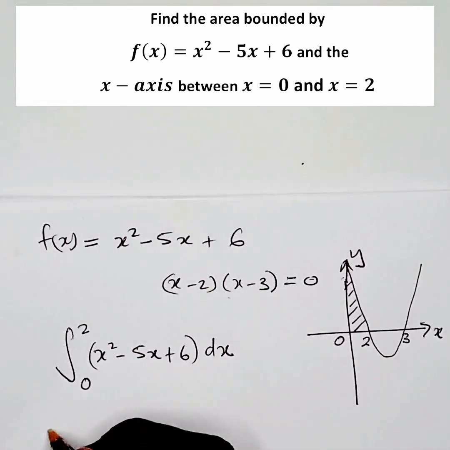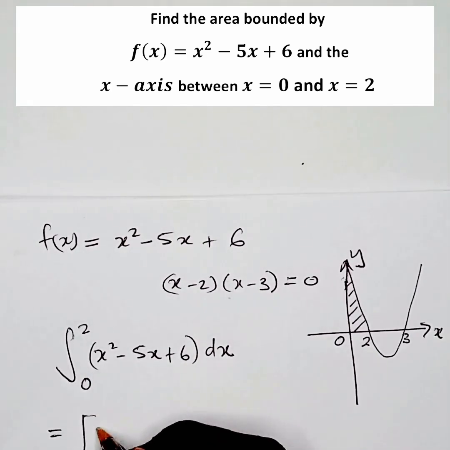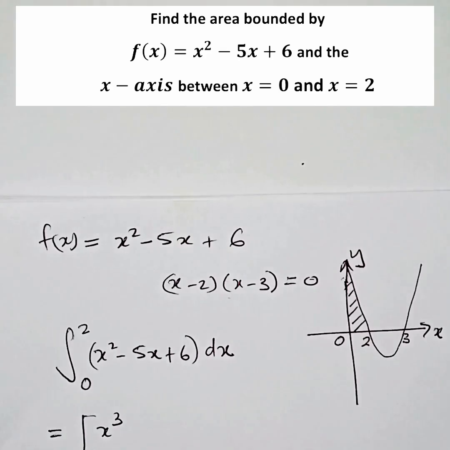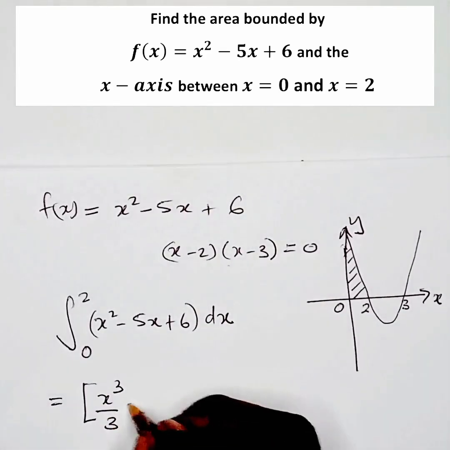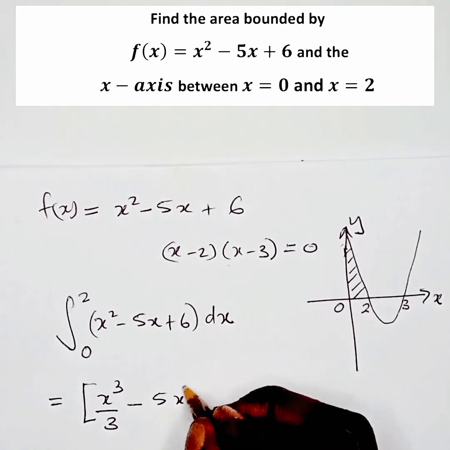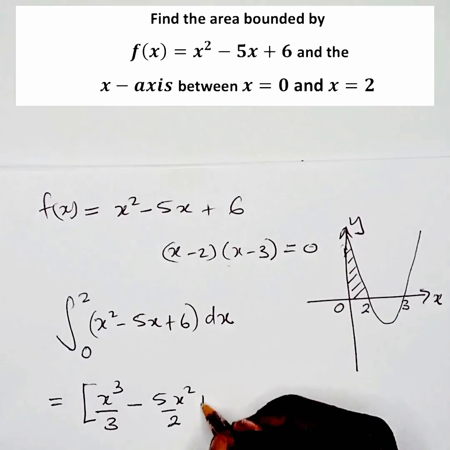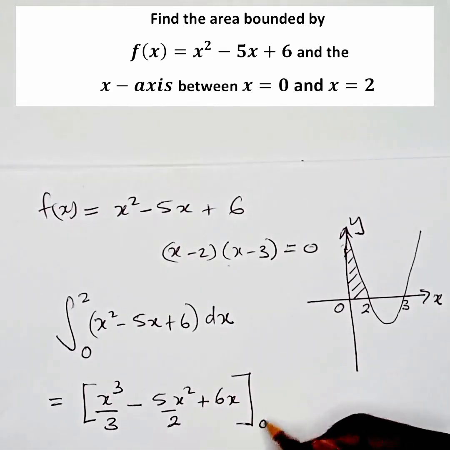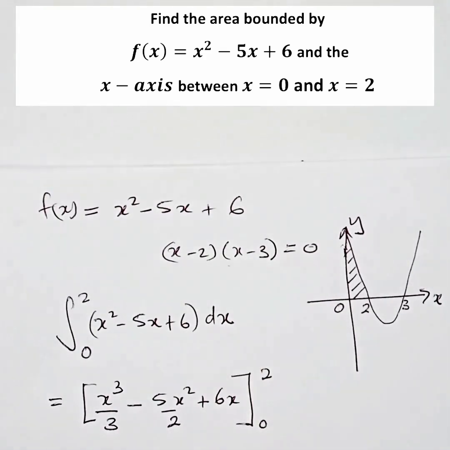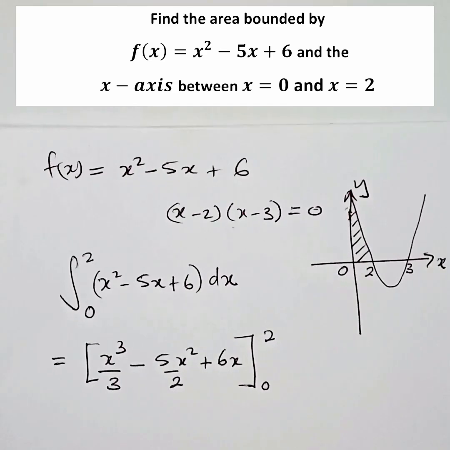This will give us x to the power 3 over 3 minus 5x squared over 2 plus 6x, then from 0 to 2. Now we are going to substitute these limits into that equation.